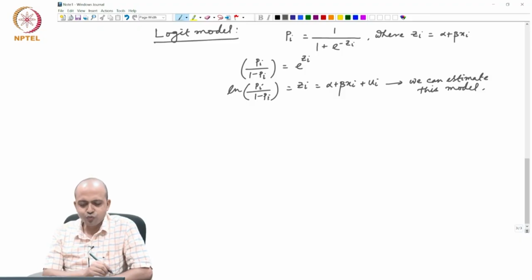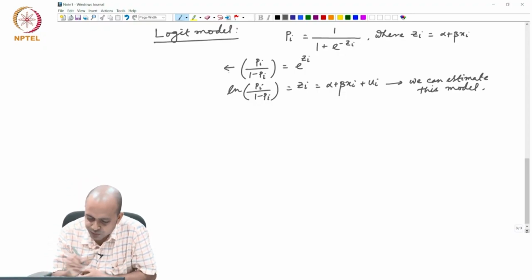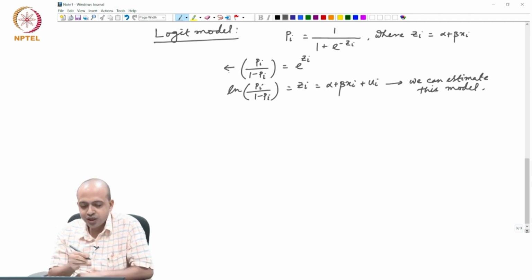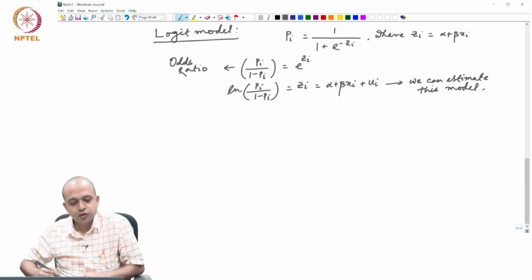But even in this model also, what is your dependent variable? Dependent variable is log of pi by 1 minus pi, and this pi by 1 minus pi has a specific name. What is the name? The name is called odds ratio. Okay.